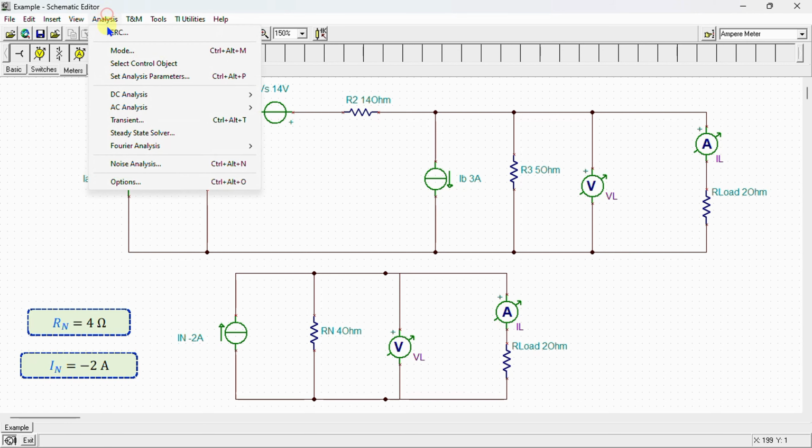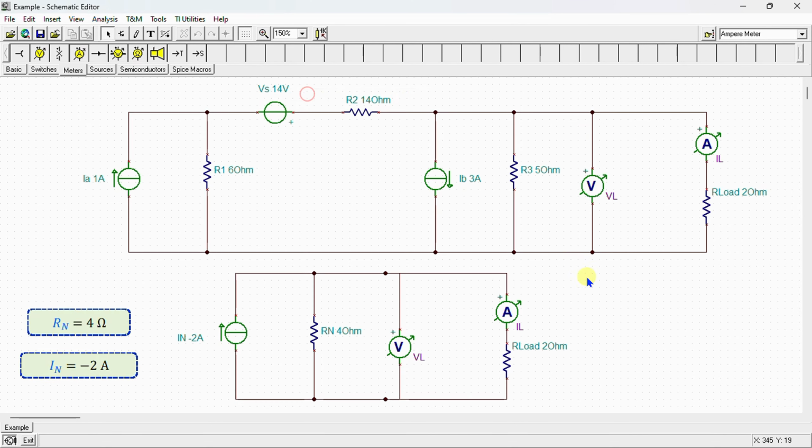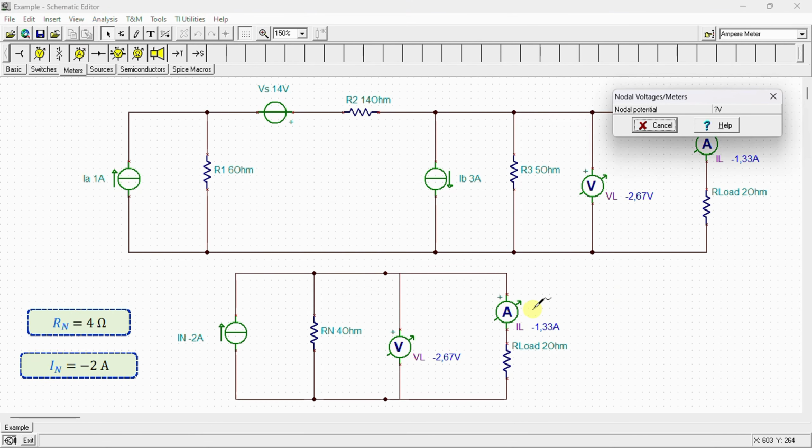Let's move on to analysis. DC analysis, calculate nodal voltages. We can see here that the voltage across the load resistor is equal to -2.67 volts in the original circuit, and here it is equal to -2.67 volts.